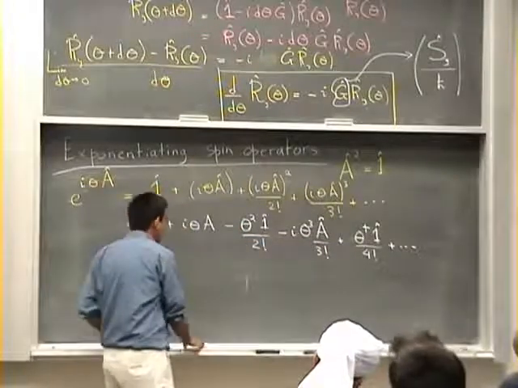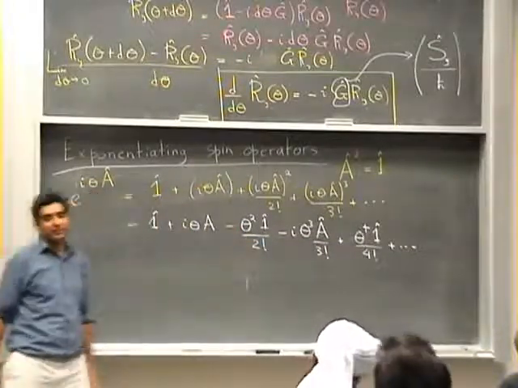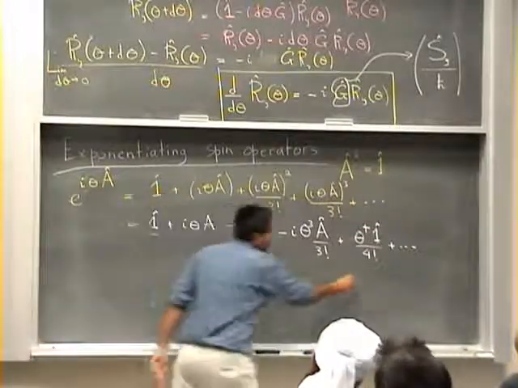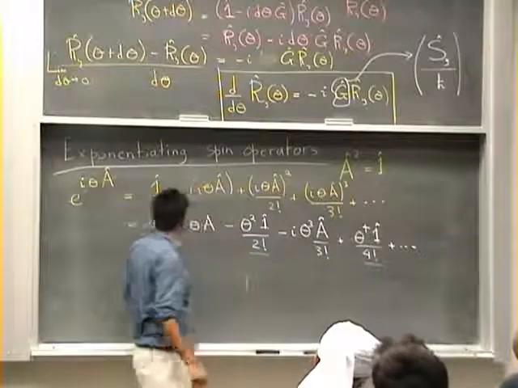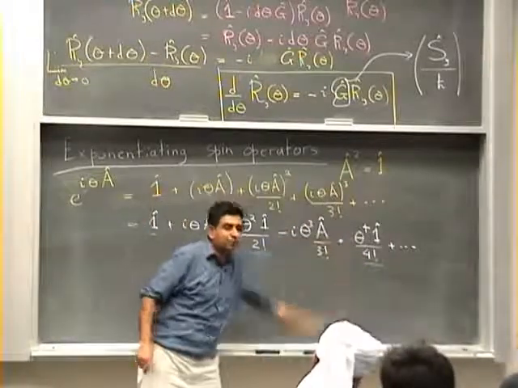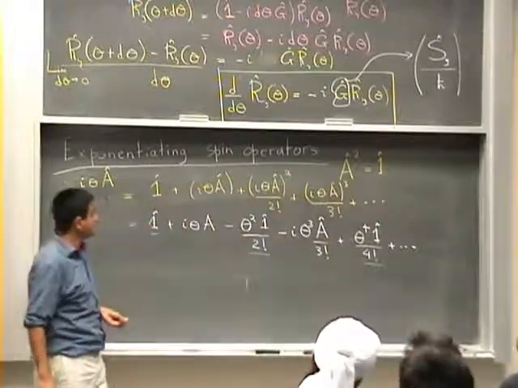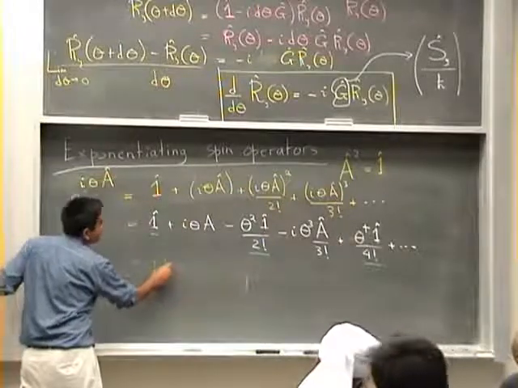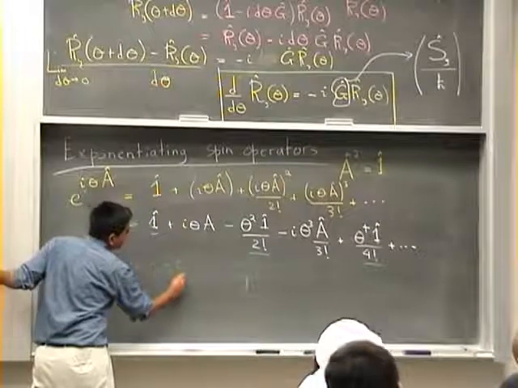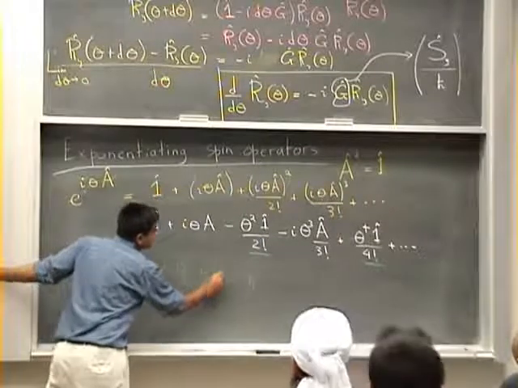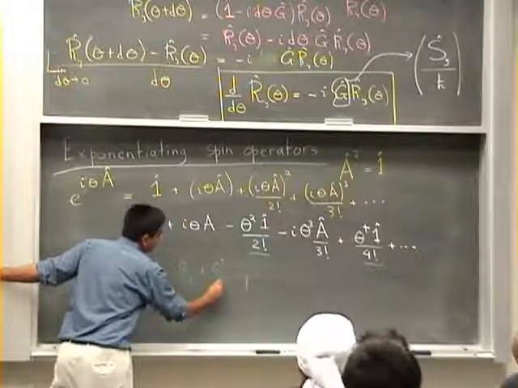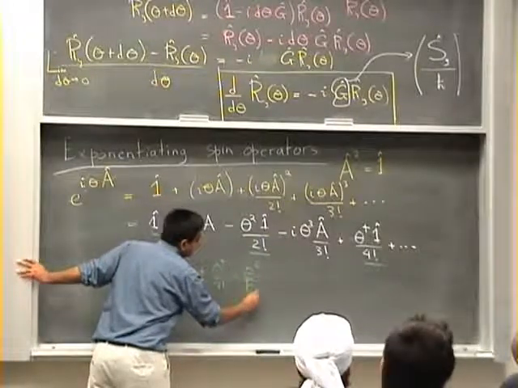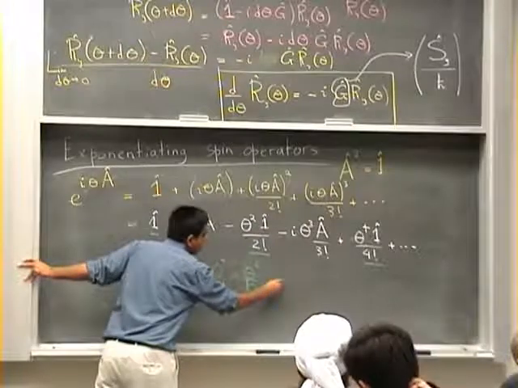Now let's look at the terms that have just the identity with them. This term, and this term, and so on. So the 0th power, the 2nd power, the 4th power, the 6th power, and all of these terms are such that I can write 1 minus theta square by 2 factorial plus theta 4 by 4 factorial minus theta 6 by 6 factorial and so on.